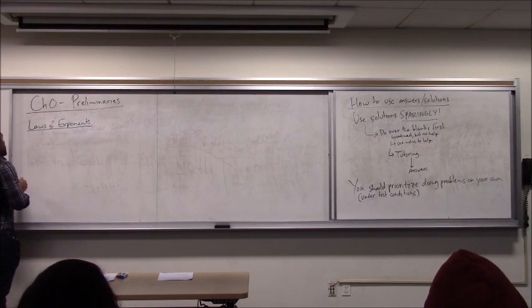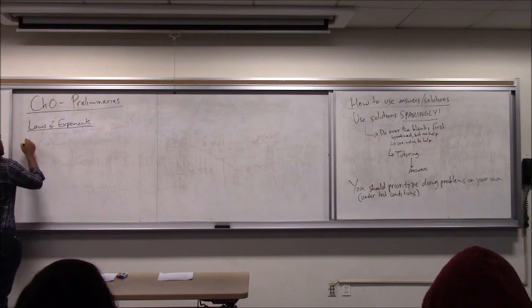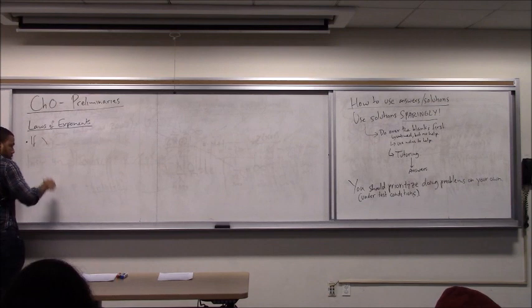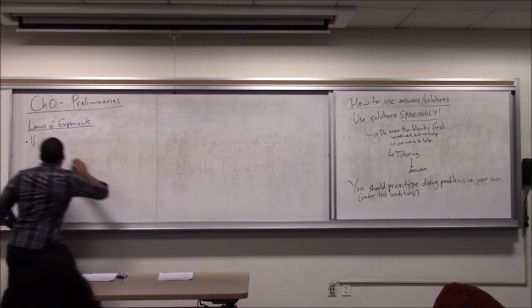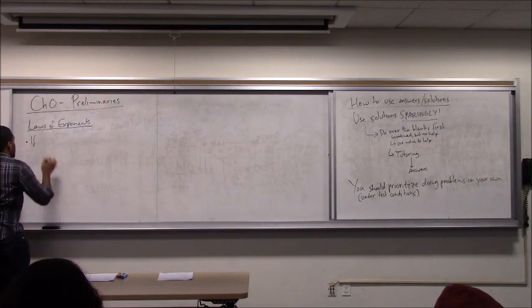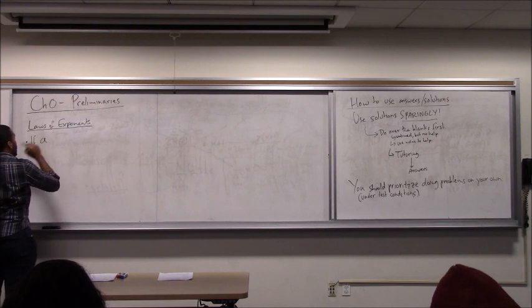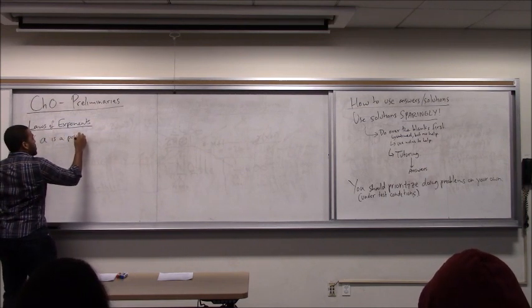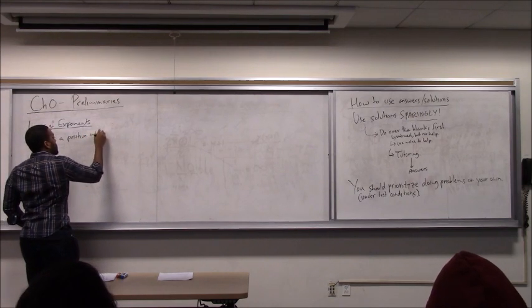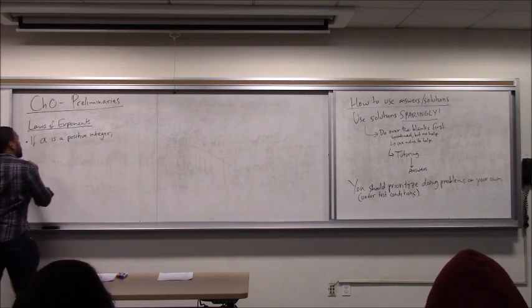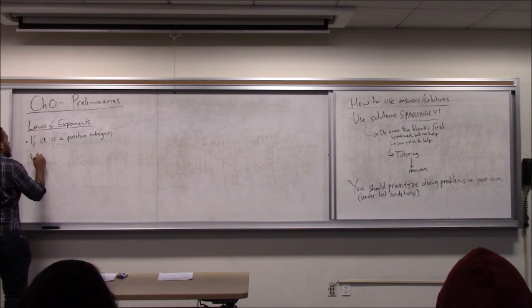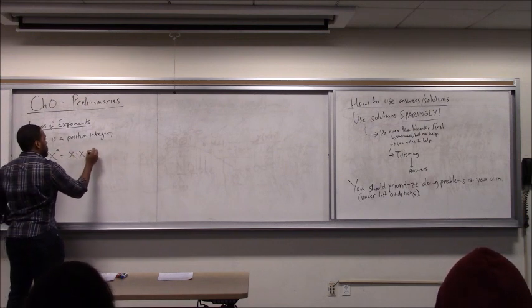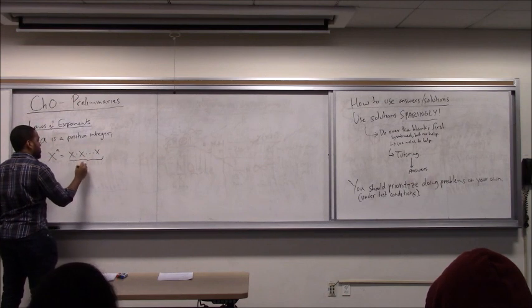So, if a is a positive integer, then x to the a means you're multiplying x by itself a times.